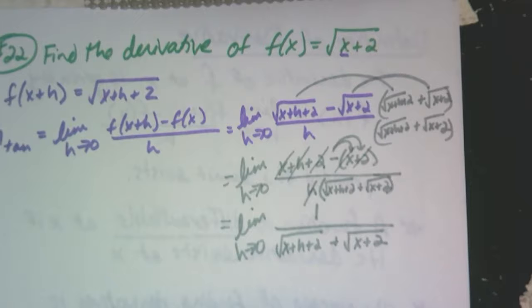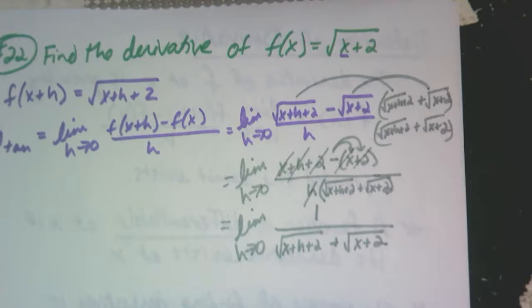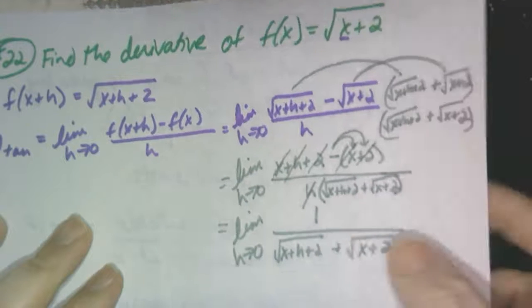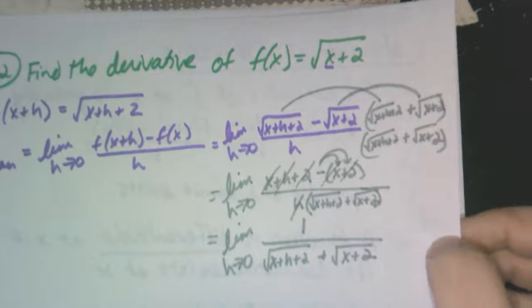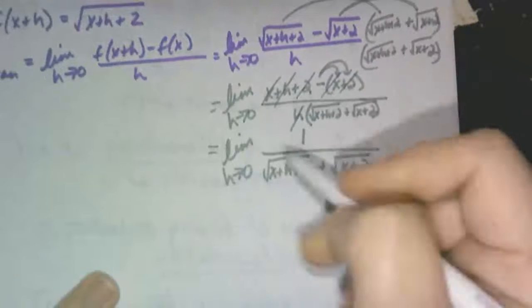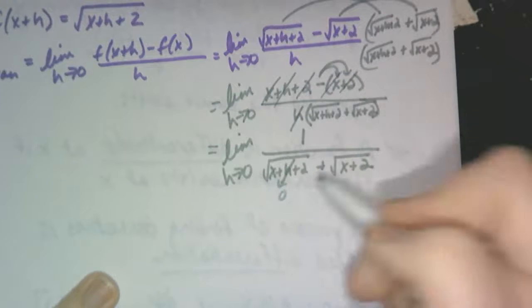Now, do your first step of limiting, which we learned the first step of rule of limits is to plug it in. If you plug a 0 just where there's an h, not where there's an x, y'all. We're making h small. Just where there's an h, wouldn't this just go to 0?